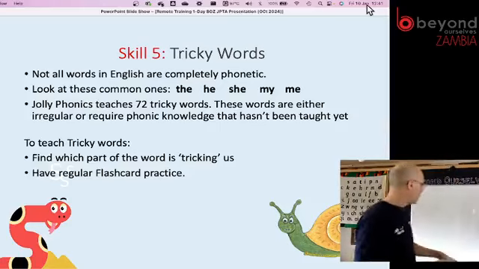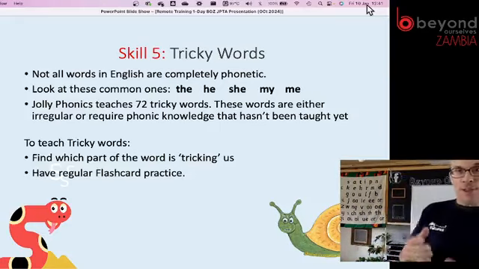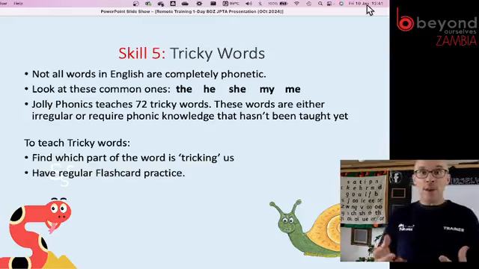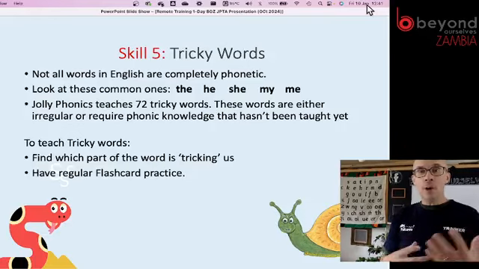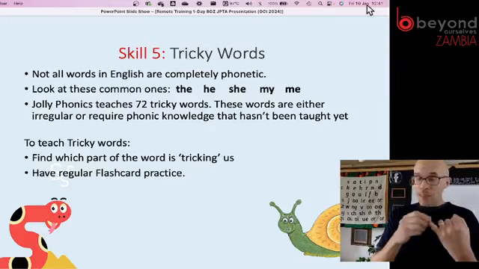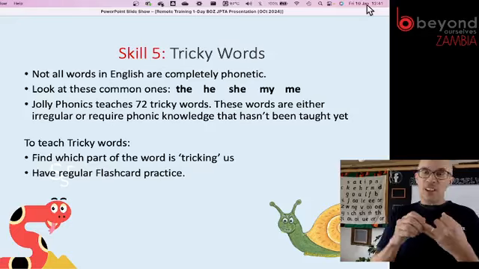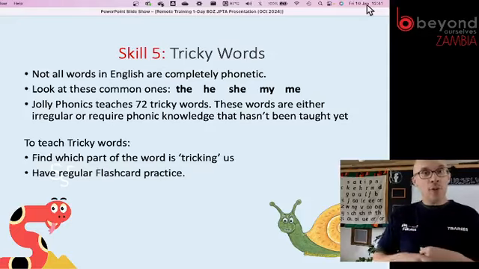So for instance, the Y in jolly has got an irregular spelling, an alternative spelling that your learners haven't been taught yet, so they're going to spell it incorrectly to begin with. So tricky words are words that are either irregular, in part, or that contain a spelling rule that you haven't taught your learners yet.